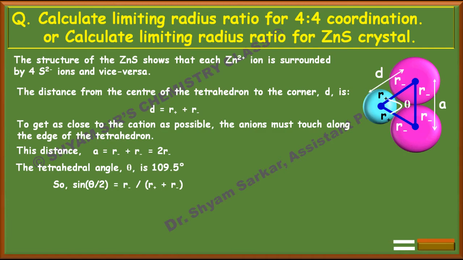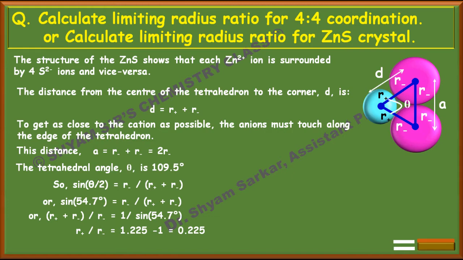So if you put the value of theta here, sine 54.7 degrees becomes r minus by r plus plus r minus. So if you reverse this, r plus plus r minus by r minus becomes 1 by sine of 54.7 degrees. So if you simplify this, r plus by r minus becomes 1.225 minus 1, that means 0.225.